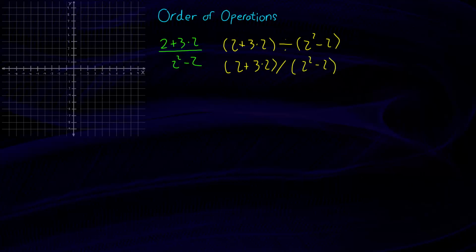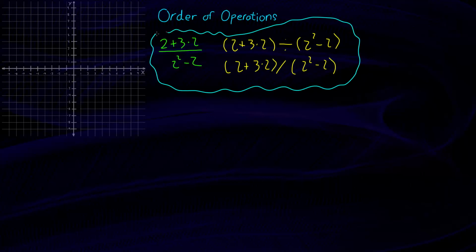So this is 3 different ways of writing basically the same equation. All 3 of these are the same equation, all right? They're effectively the same. It's just different ways of writing it.